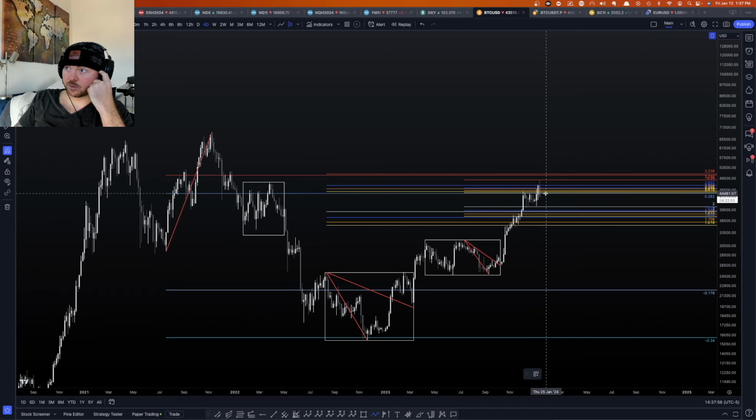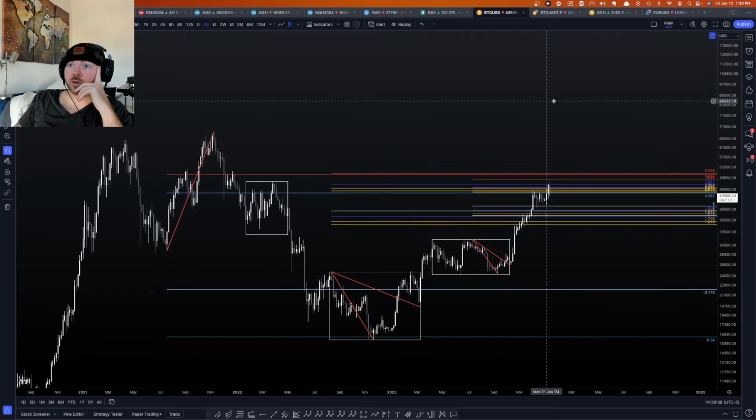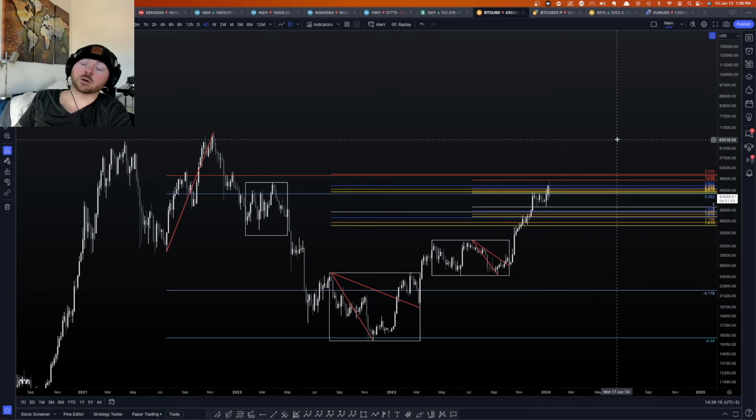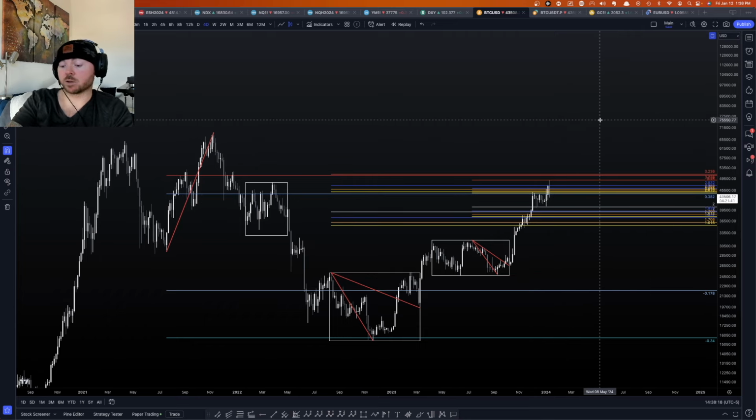It's definitely the area to be interested in, looking for the signs of weakness that you might normally look for with whatever kind of TA y'all use. If you are a swing trader, you could think about looking for some kind of swing short, hedging your spot Bitcoin, something like that.